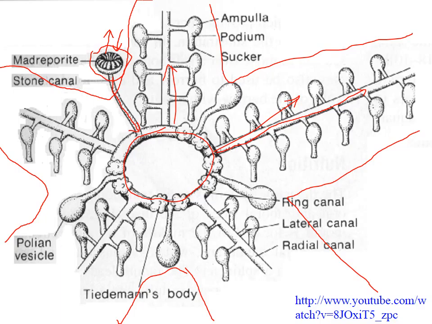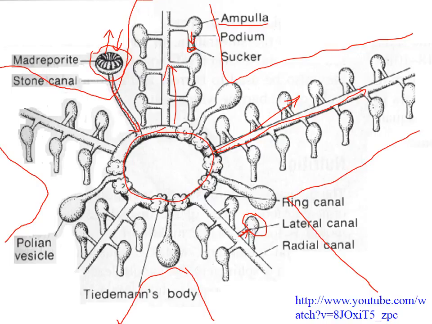Laterally off of the radial canal, you have a small canal that leads off to this thing called an ampulla. The ampulla is like a big sac that can squeeze in or out, and it can open or close, and that fills with water or pushes water out. The water is then pushed down the podium to a sucker.